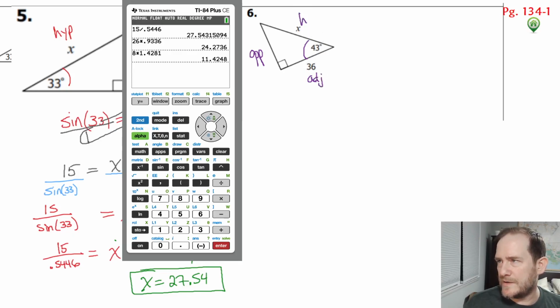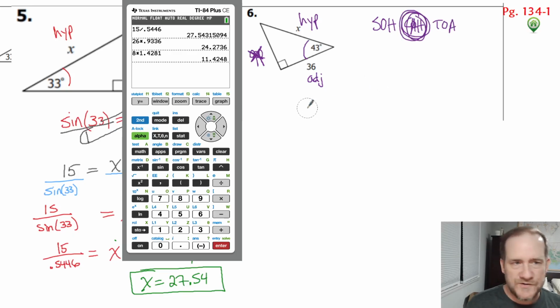And then this x is our hypotenuse. So this is another problem where we want to use the a and the h. So that means we're not using sine, we're going to use cosine, because cosine is the ka in SOHCAHTOA. If we want a and h, then we want cosine.